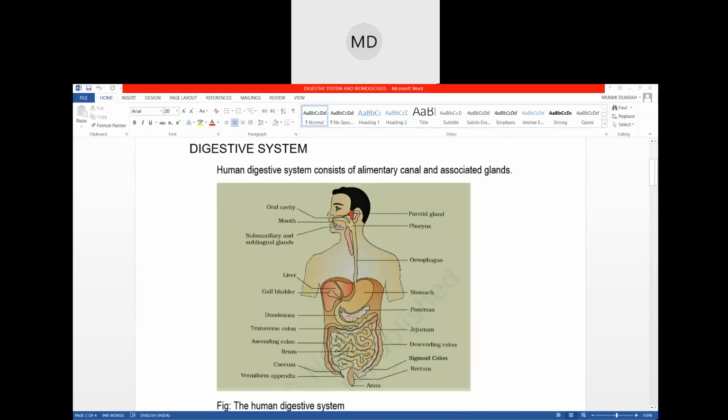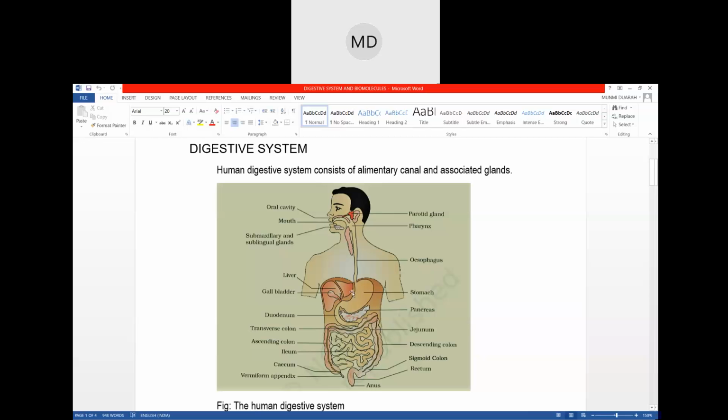And then the remaining matter of the food moves to the large intestine, and whatever useful nutrients are left are taken, and the unwanted product is stored in the rectum.